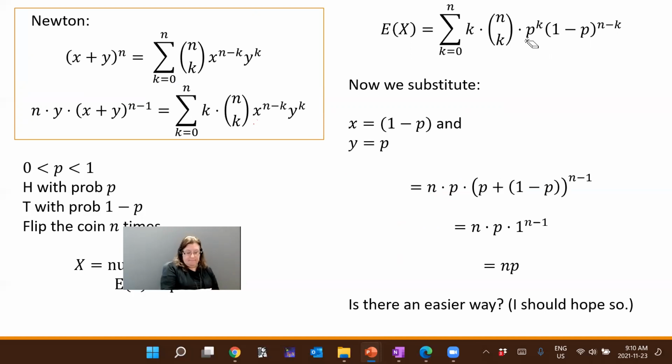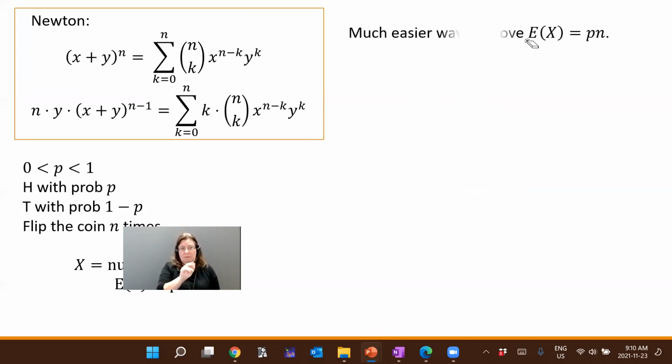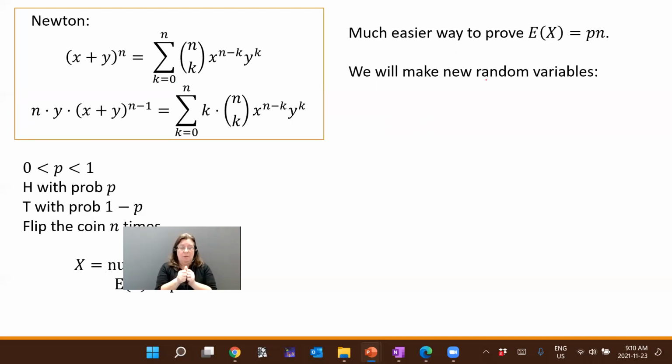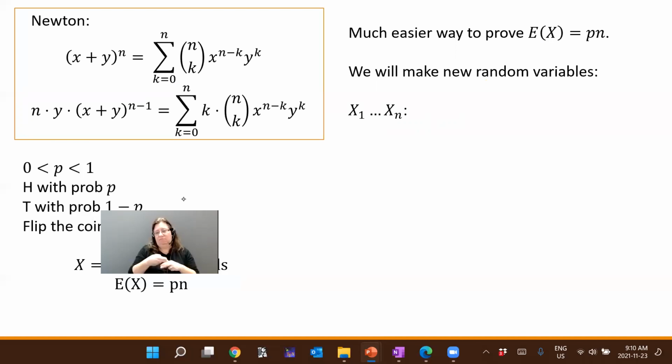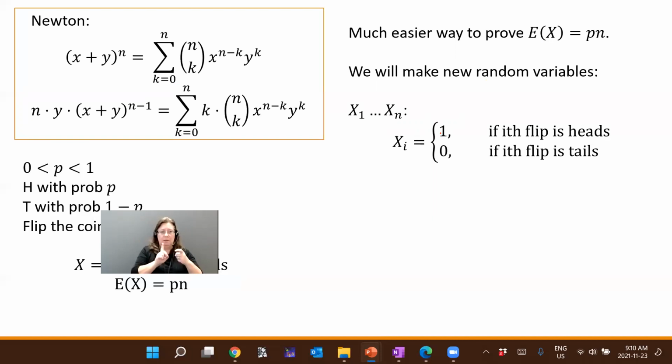So is there an easier way than Newton's binomial theorem? Newton's binomial theorem is very useful, but very awkward to use. There's a much easier way to prove it, by defining some new random variables called indicator random variables. These new random variables will be x1 through xn, and we'll say that a given xi is equal to 1 if the ith flip comes up heads, or 0 if the ith flip comes up tails.